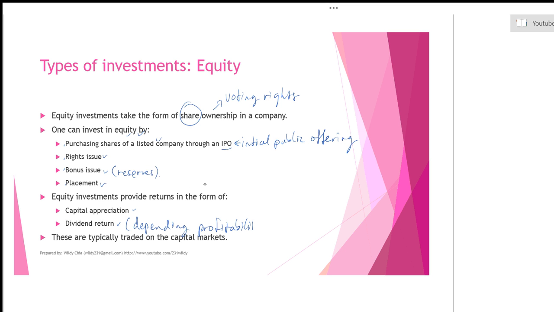So not all companies will have the same dividend payout rate. So it all depends on profitability and also the dividend policy, which varies quite a lot depending on the company and the management. Equity investments are typically traded in money markets. So if you wish to invest in equity, then you could go through the capital markets.